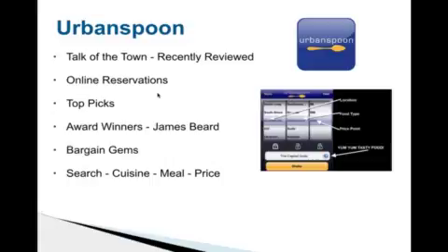The first one, and probably the most robust of the apps that we'll talk about, is Urbanspoon. And frankly, I like this one the best in terms of layout. It's icon-based when you log on there, and it pretty much gives you anything that you would want. So you have a Talk of the Town where you can take a look at recently reviewed, where people are talking about that.